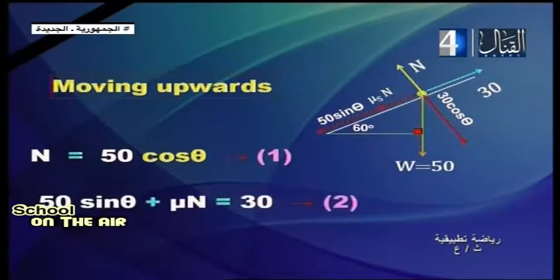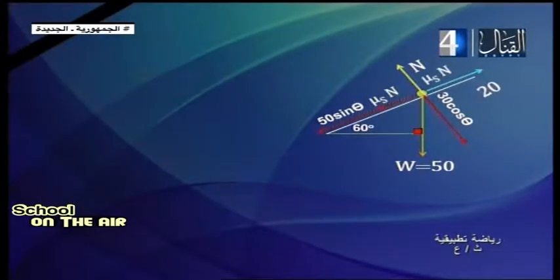This is equation number 1. Equation number 2: when the body moves up, we know that 50 sine theta plus μN equals 30.